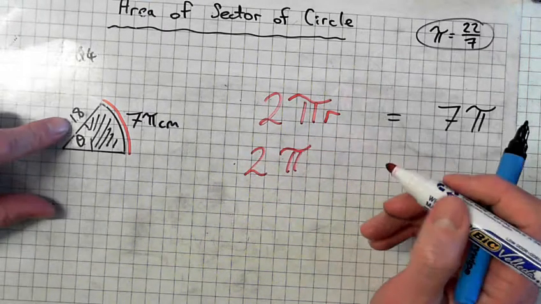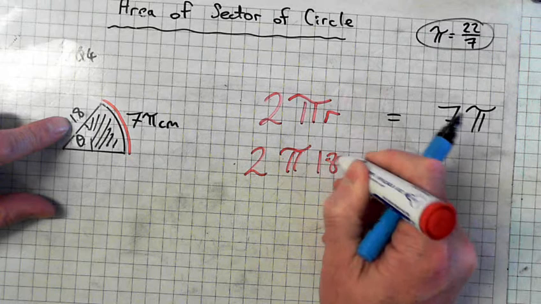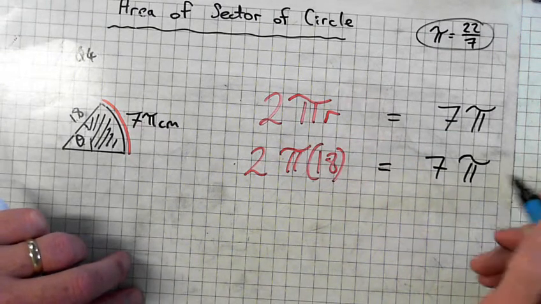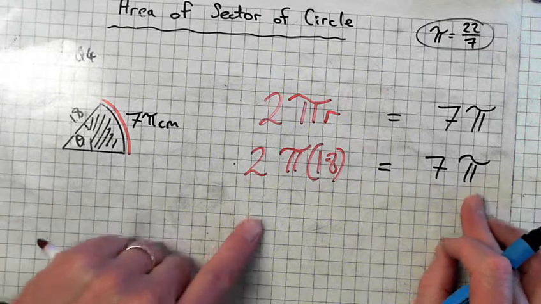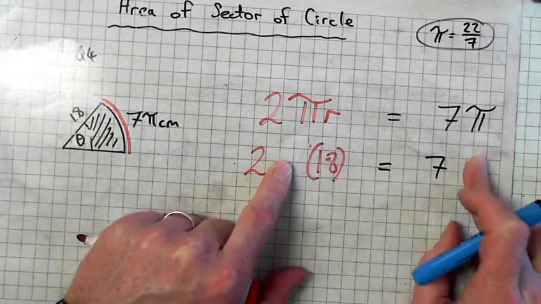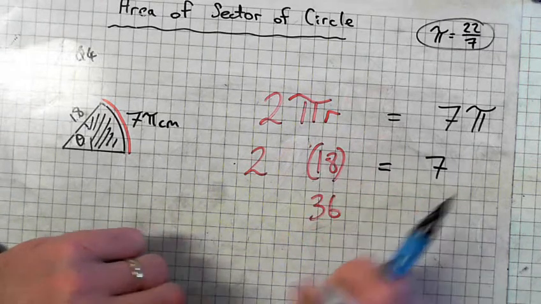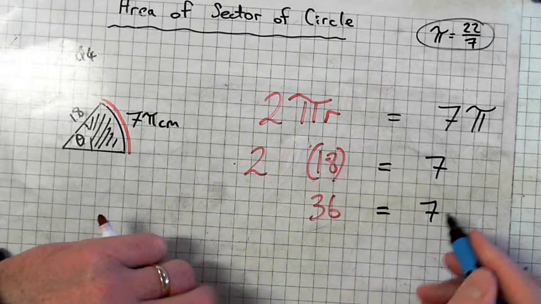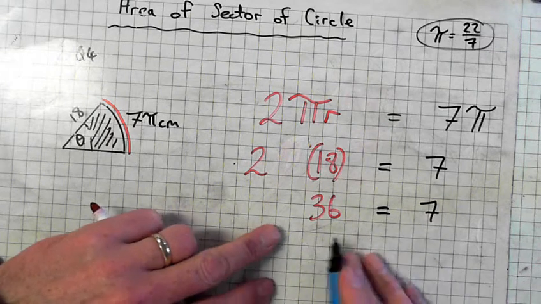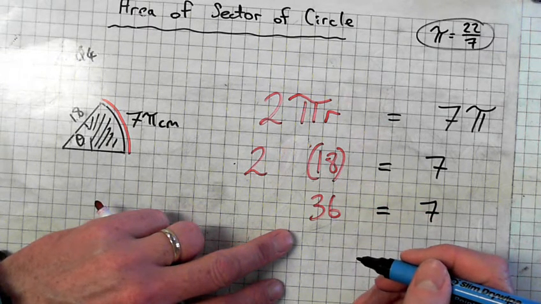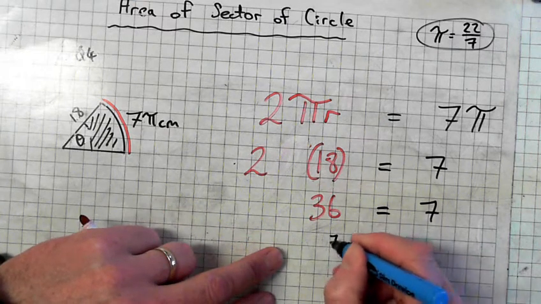We know that the radius is 18. What can we cancel from both sides again? Get rid of the pi. 2 18s are 36. So the fraction is 7 over 36.